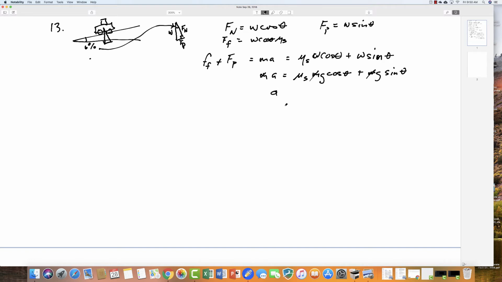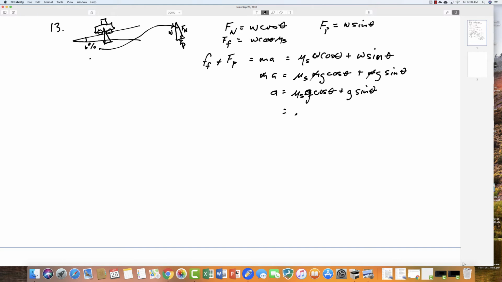So you can cancel, divide through by m, so you don't need the weight. And so you end up with the coefficient of static friction times g cosine theta plus g sine theta.